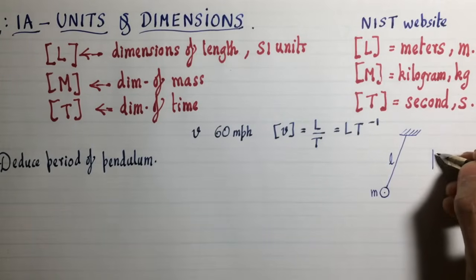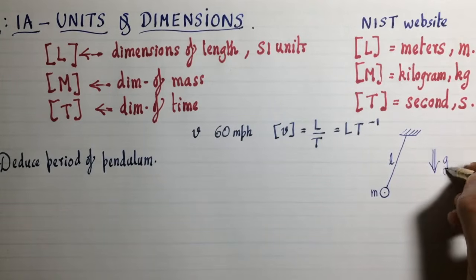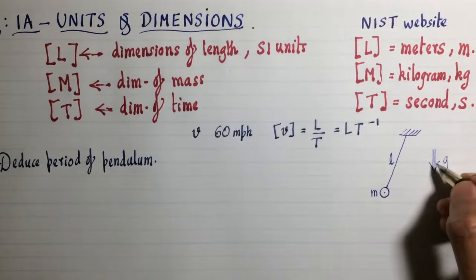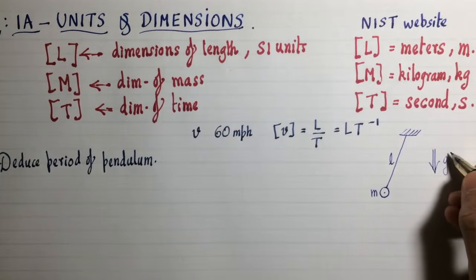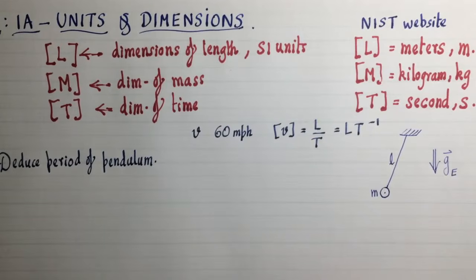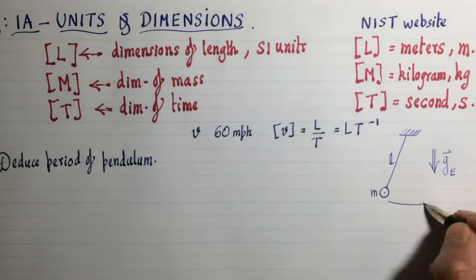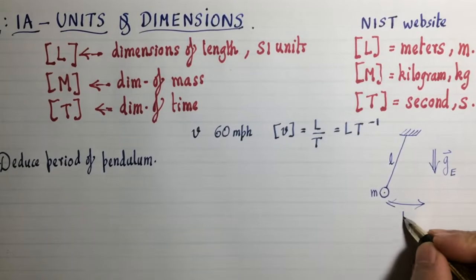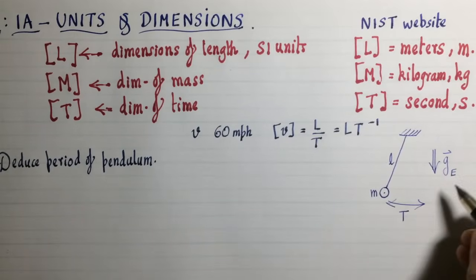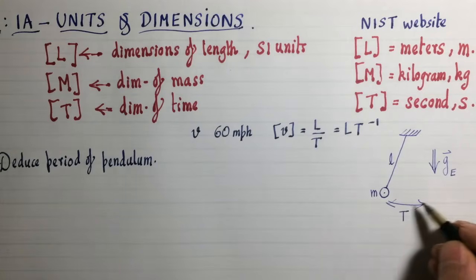And of course we have the acceleration due to gravity. Acceleration in UP1 is indicated by a double shafted arrow. So that's the acceleration due to gravity of the Earth, which I'll call g sub E. So those are the ingredients, and from this you need to figure out how long it takes for the bob to move back and forth once.